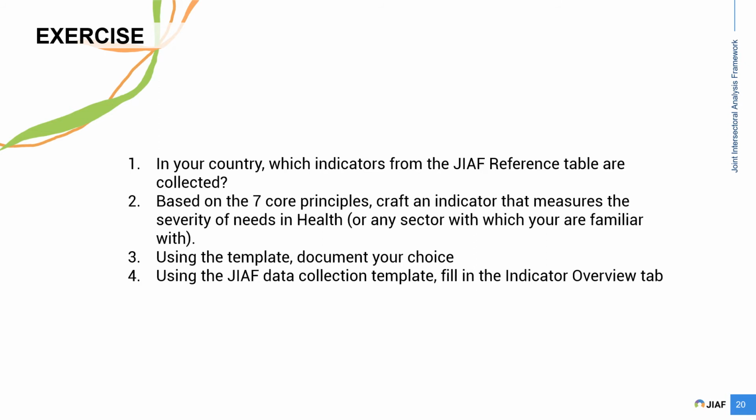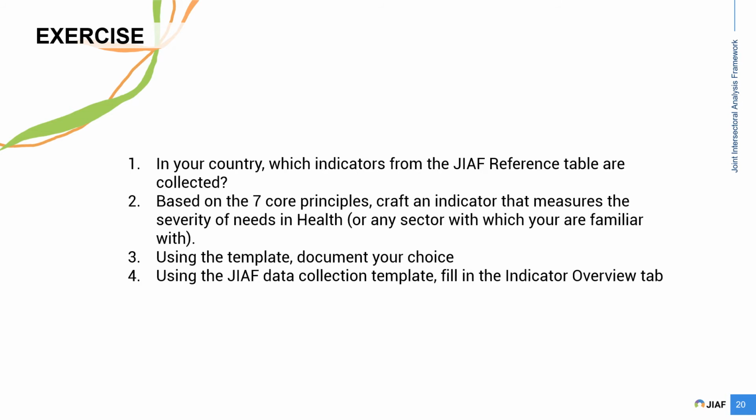Now, let's say that you haven't found the indicator that illustrates the best the deteriorating humanitarian situation in your country, and you want to craft your own. My second question is, based on the 7 core principles, can you craft an indicator that measures the severity of needs in health? Or actually any sector with which you are familiar with.